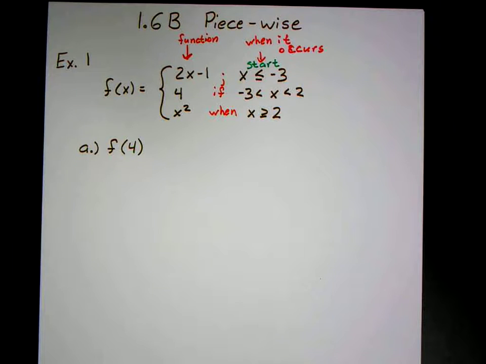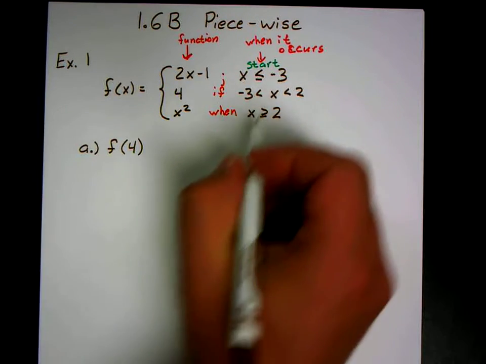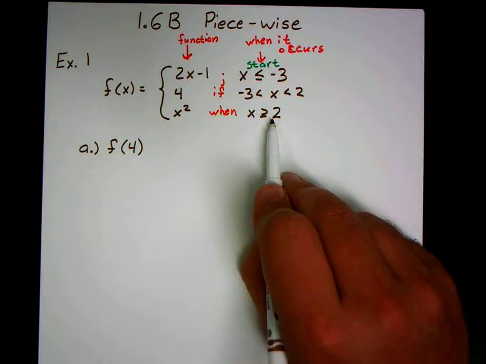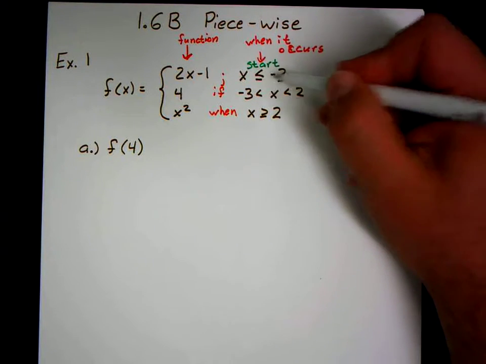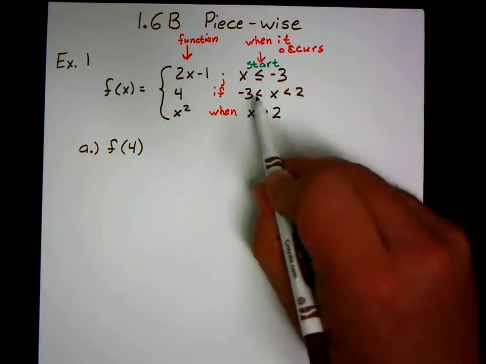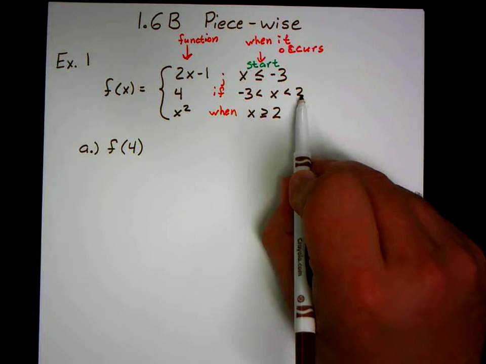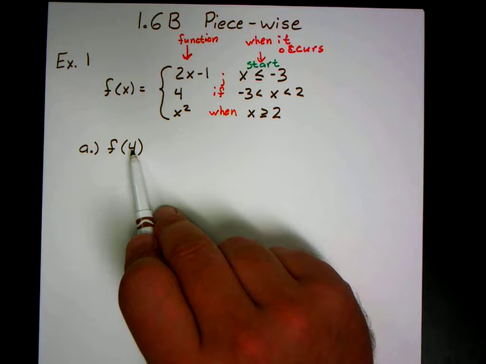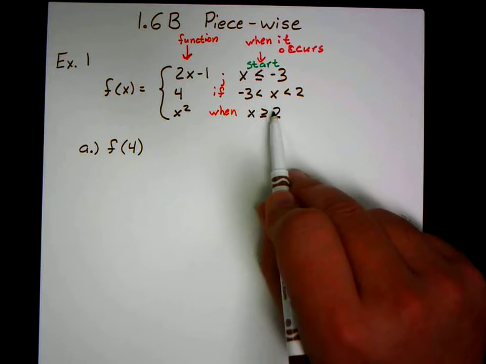With that 4, when does that 4 meet those criteria? It'd be down here. 4 is greater than or equal to 2. So 4 is not less than negative 3. 4 is not in between negative 3 and 2. But 4 is greater than 2. So 4 meets this criteria.